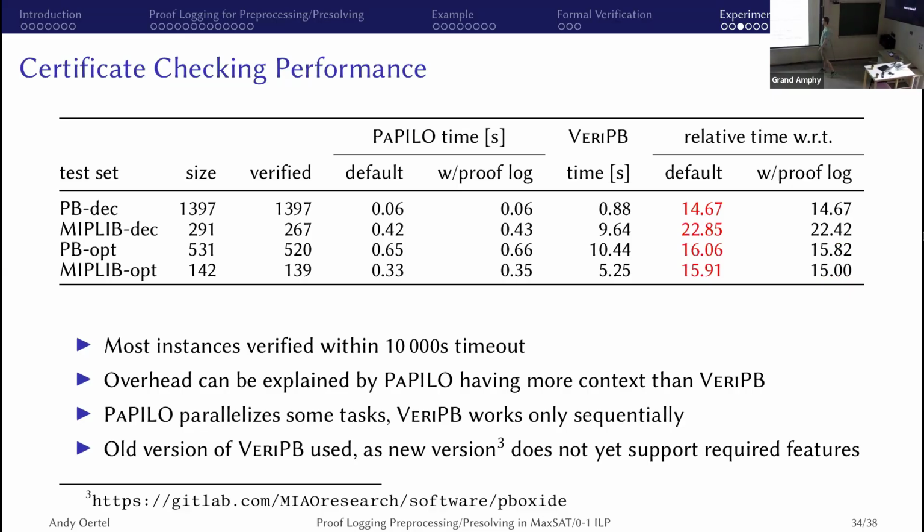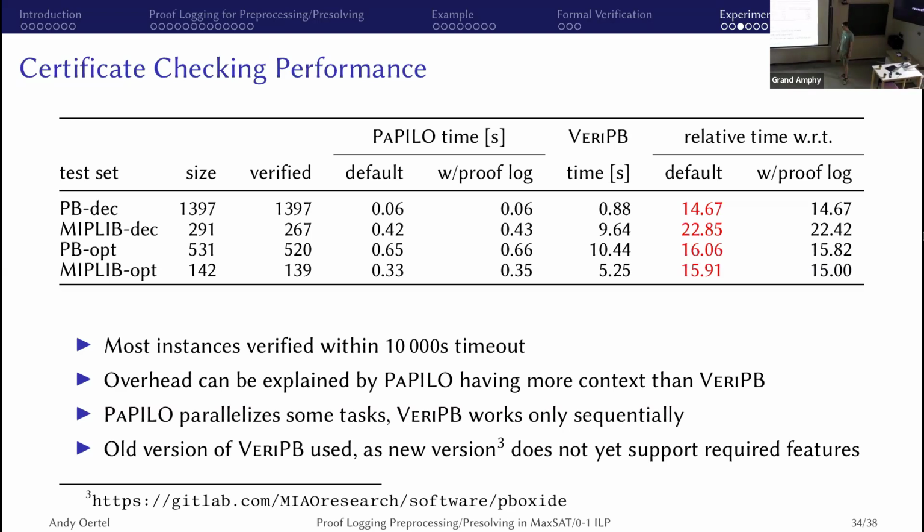we see that we have quite large slowdowns. The good thing is we managed to check all the instances that we could generate proofs for. But this slowdown is such that VeriPB is up to almost more than 20 times slower than the presolver Papilo.